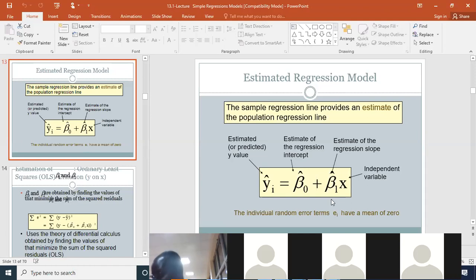How would you minimize y given x? Not necessarily in statistics. What have you used in the past? Anybody? Do you remember?